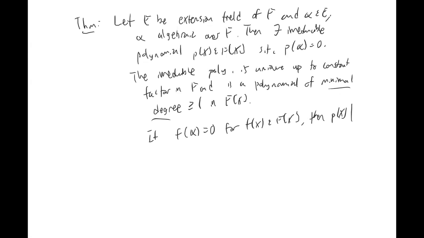That's what we mean by minimal. If you have another polynomial that has alpha as a root, then this irreducible one must divide it. Since it's irreducible up to constant, we can factor the constant out to make it monic. So without loss of generality, assume it's monic.